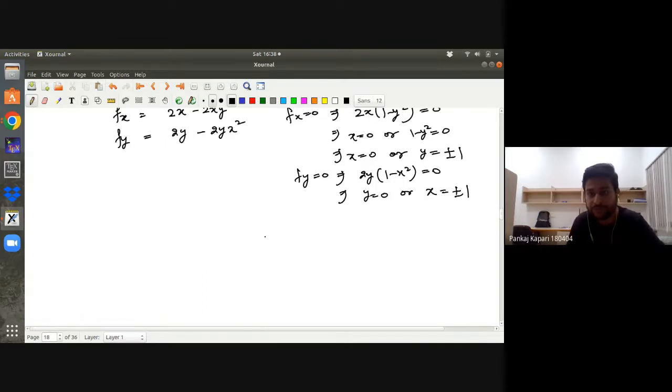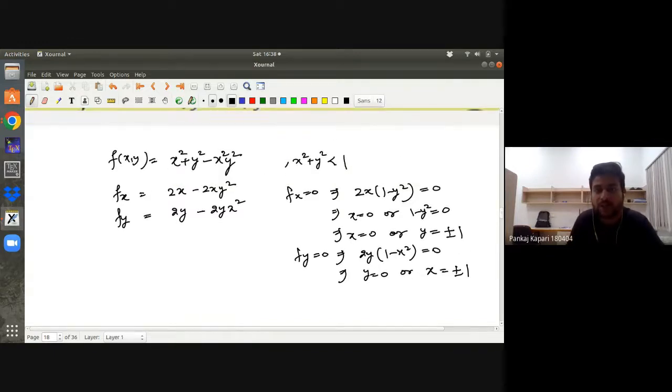Now notice that whenever y is plus minus 1 and x is 0, the point lies on the boundary. But we have assumed that x square plus y square is less than 1.